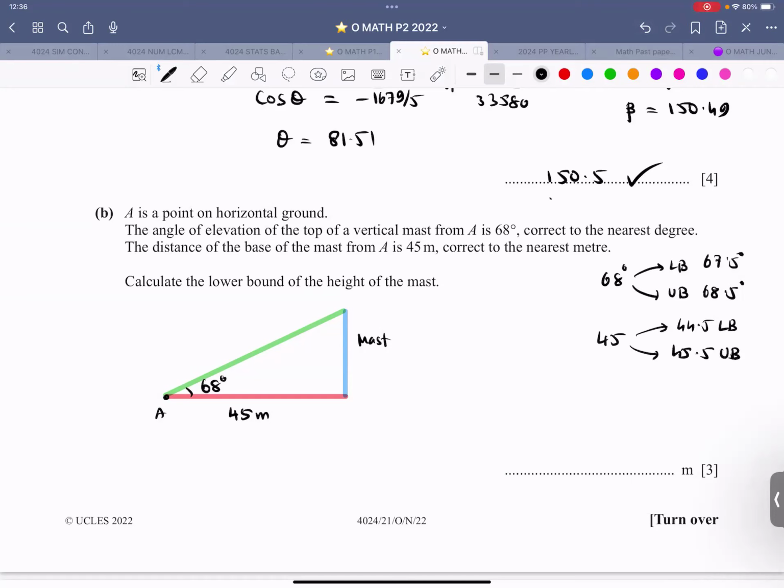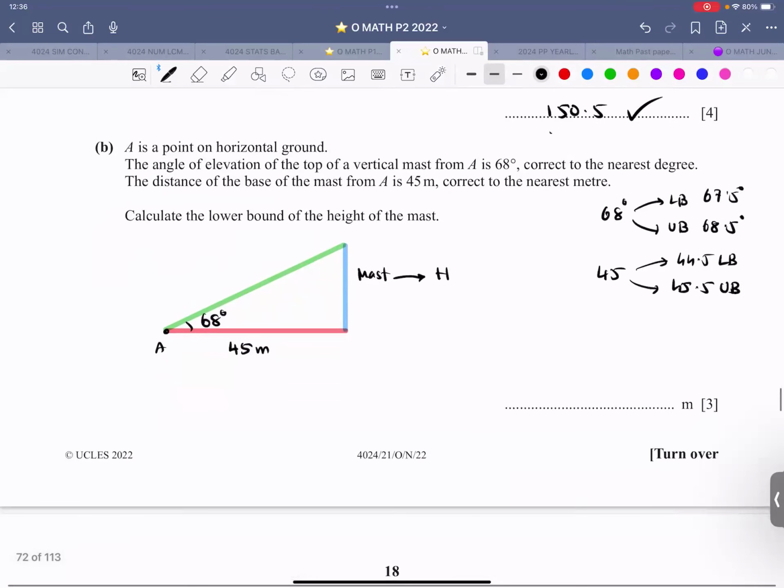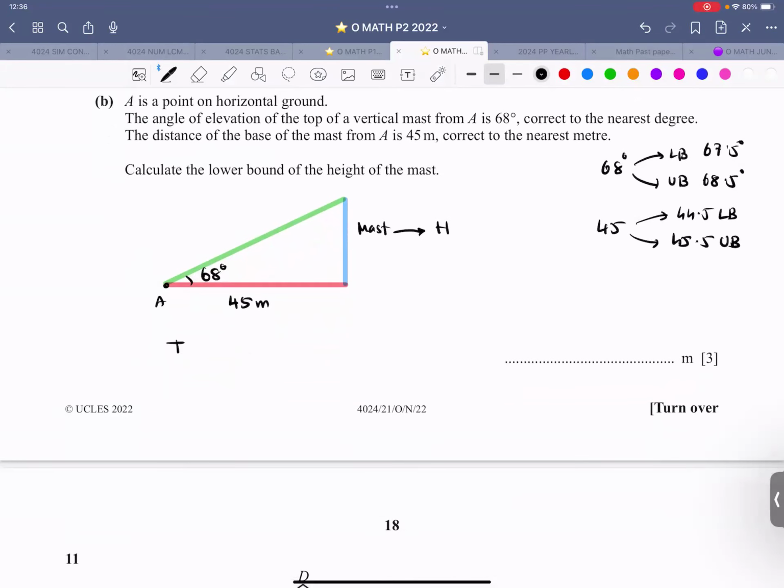So now it says calculate the lower bound for the height of the mast. So the height is h. Okay. So now tangent of 68 degrees is h over this thing, which is 45.